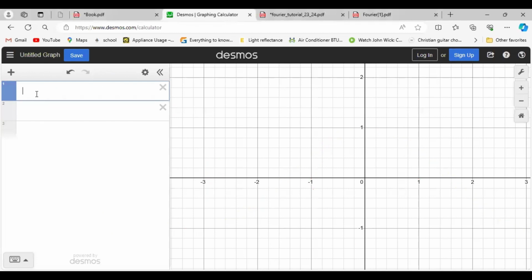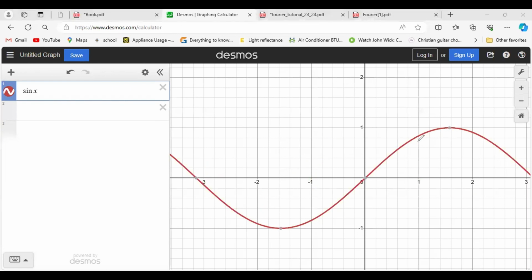So take sine. Let's see how sine x looks. So if you look at sine and we analyze it, let's pick f of x. So let's do 1. We know f of 1, which is like f of x. And if we invert it, so get f of minus x, which is here, you'll notice that it is the negative of this value here. So this is f of minus x, but it has a minus because it's inverted.